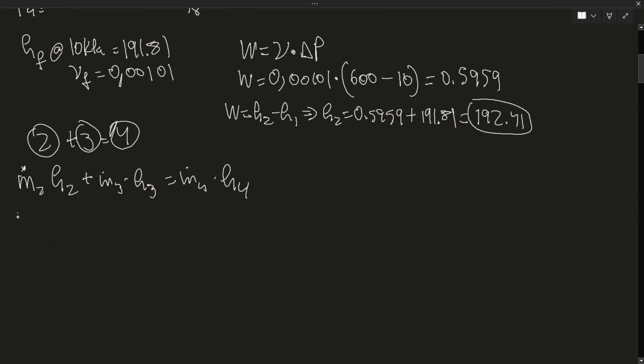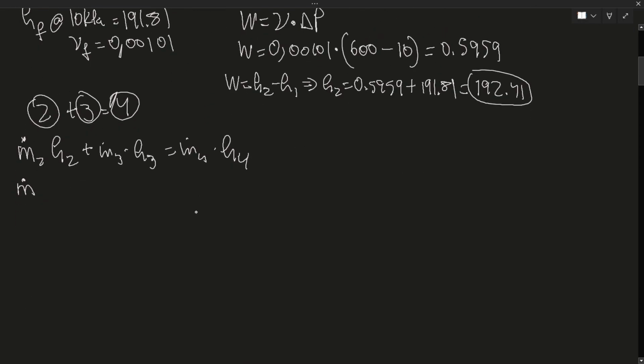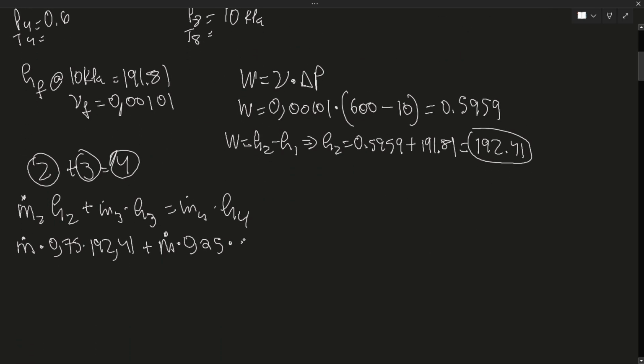So M2 is equal to the total mass flow rate, and it's 75% of it because the other 25% is at point 3. So 0.75 times H2, which we found to be 192.41, plus total mass flow rate times the other 25% times H3, which we found to be 670.38, is equal to the total mass flow rate at point 4, which is just a combination of both.